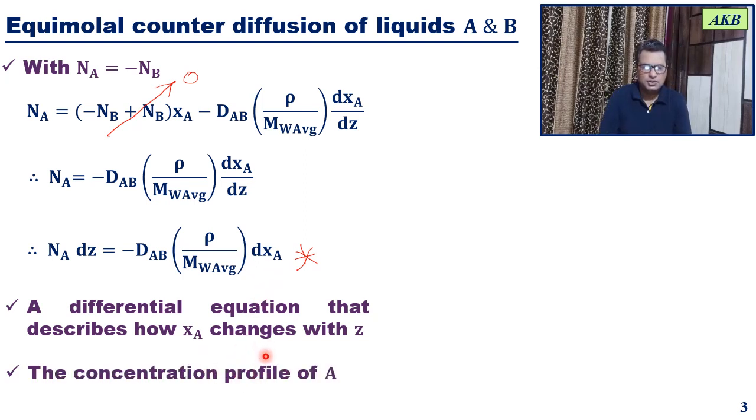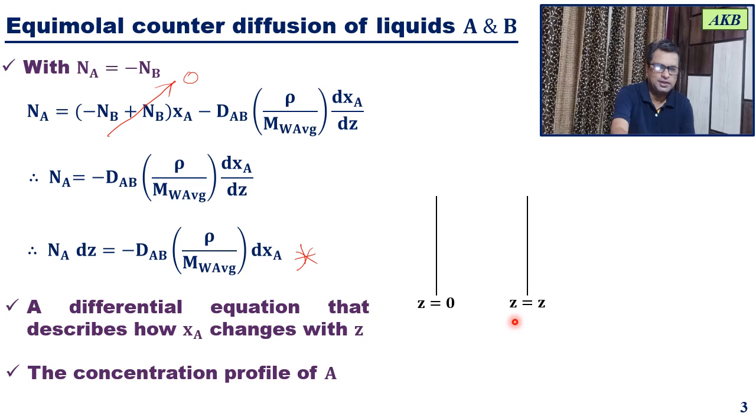We will understand this with the help of the concentration profile for A. Let us show the concentration profile. You have one plane and you have the other plane. This plane is the Z is equal to 0 plane. This plane is the Z is equal to Z plane. At the plane Z is equal to 0, the mole fraction of A is Xa1, and diffusion is taking place from this plane to the other plane, Z is equal to Z, where the mole fraction of A is Xa2.